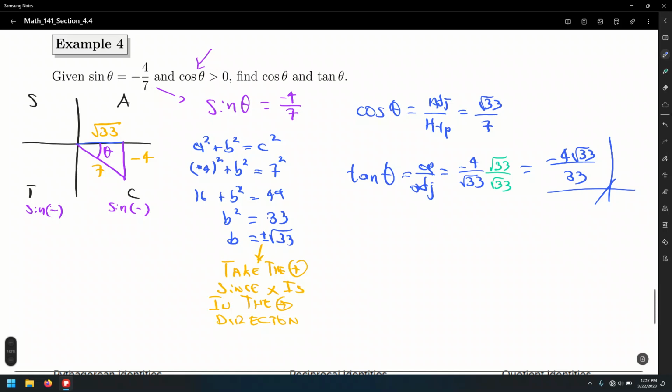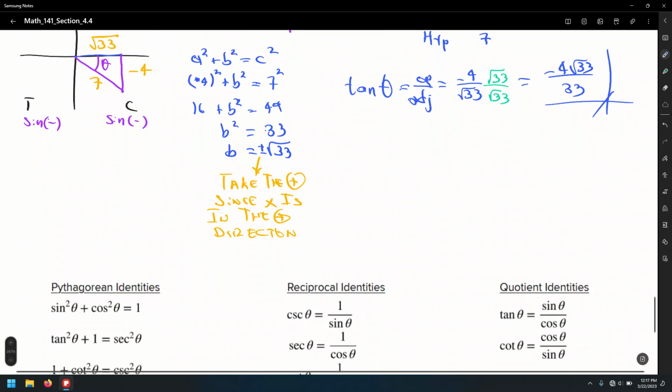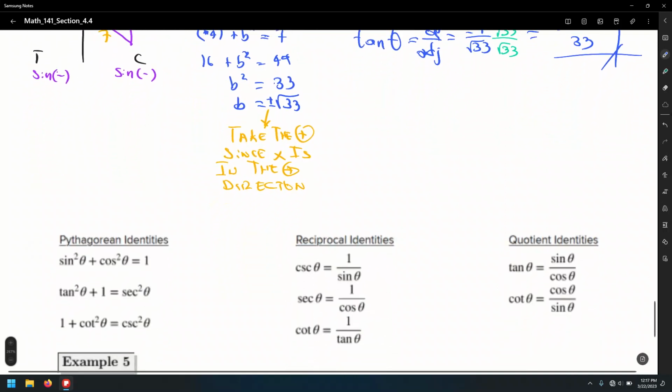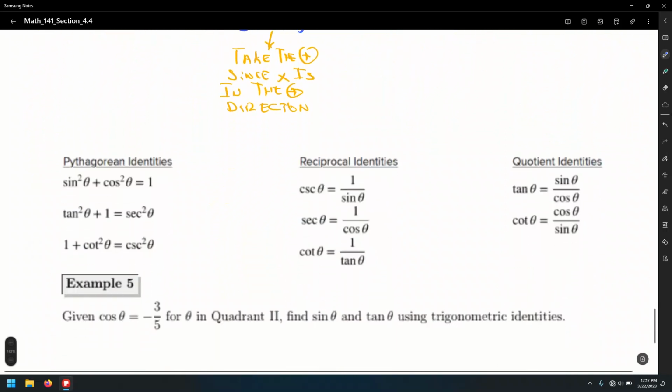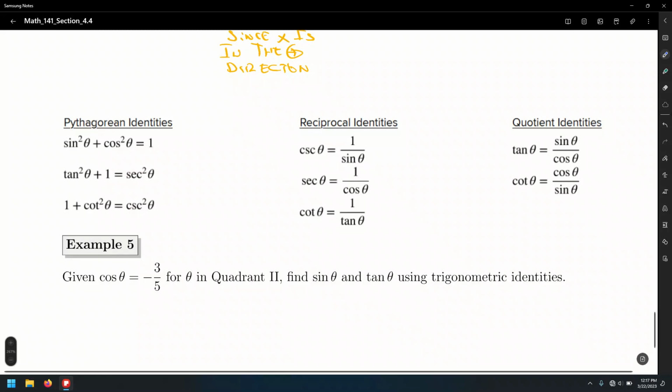All right, let's see. So there's a couple of ways to go about this kind of problem. Number one, we use the Pythagorean theorem to get the missing length of the triangle here. However, we can also use trigonometric identities, so let's do a similar example, but this time using the identity.